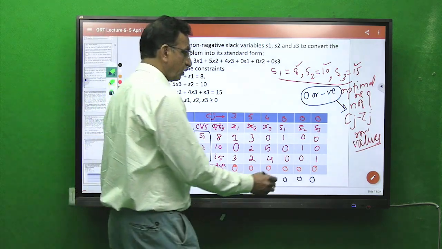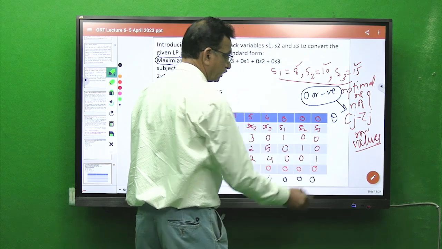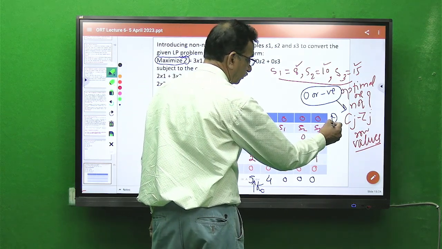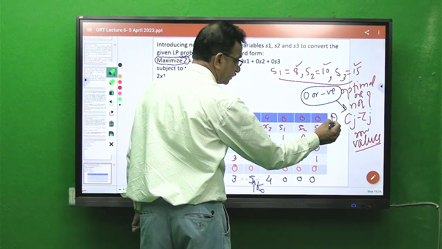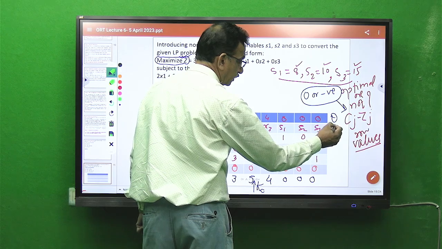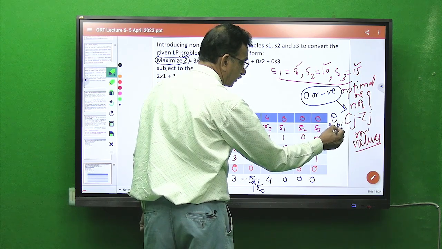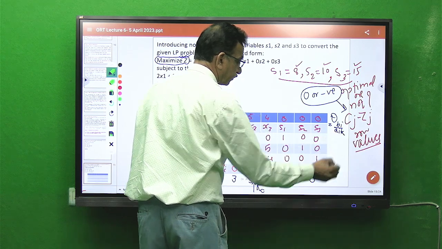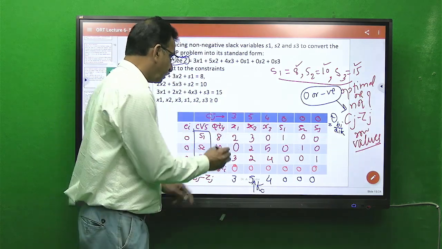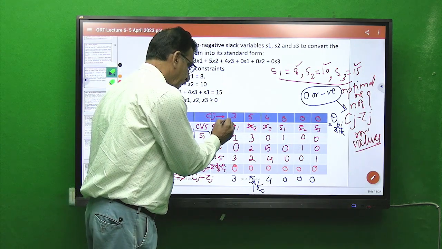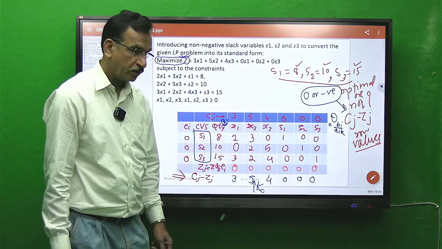And if you recall, for that step we have studied, we are calculating the theta value, which is nothing but b upon a_ik. The meaning of b is this quantity, represented as b, suppose.